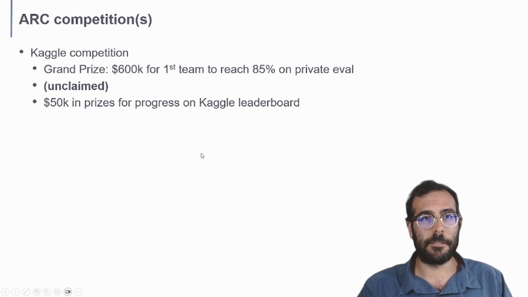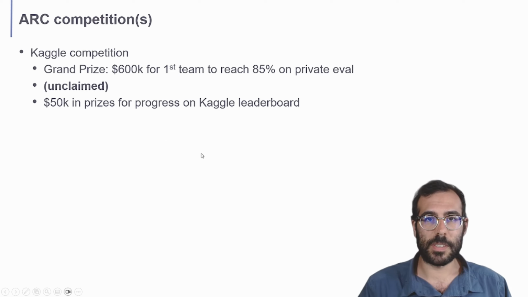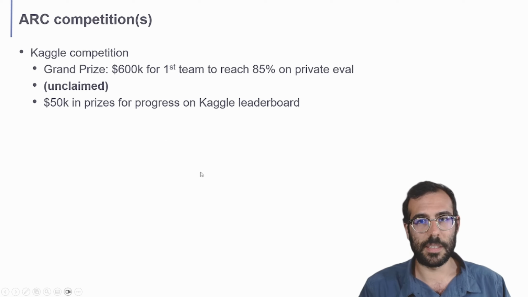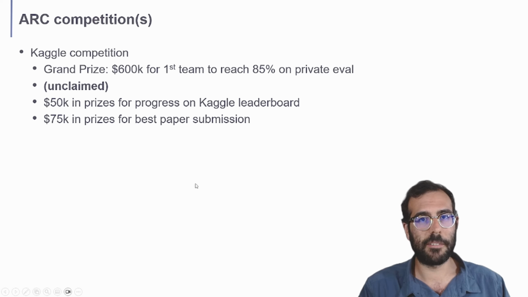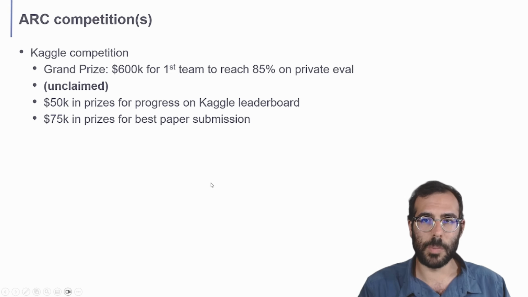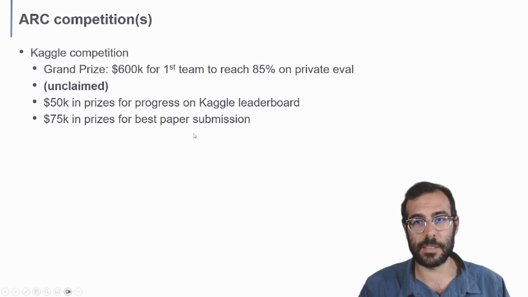There's also 50,000 in prizes for progress on the Kaggle leaderboard, so that's the semi-private, and 75,000 in prizes for the best paper submission. And as we will see in a second, best paper doesn't just mean higher accuracy on the tasks.